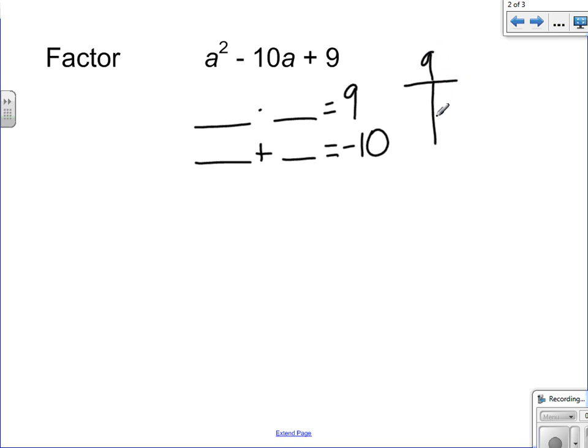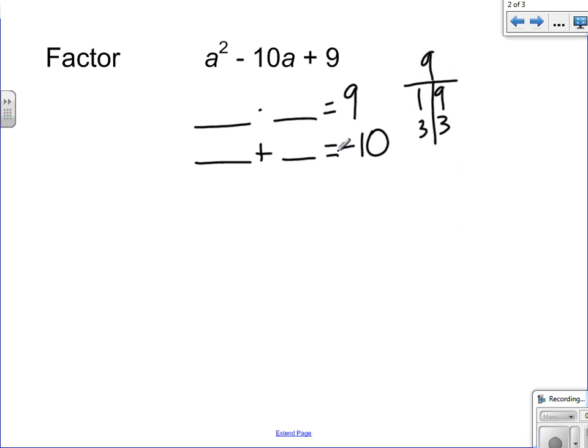Think of all the ways to multiply whole numbers to get 9. We could do 1 and 9, and we could do 3 and 3. And there's no other way to multiply whole numbers to get 9. These are the only combinations we have available to us.